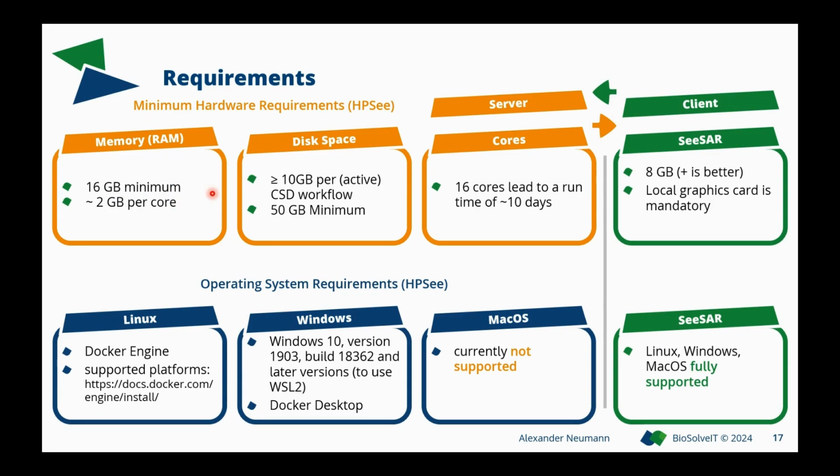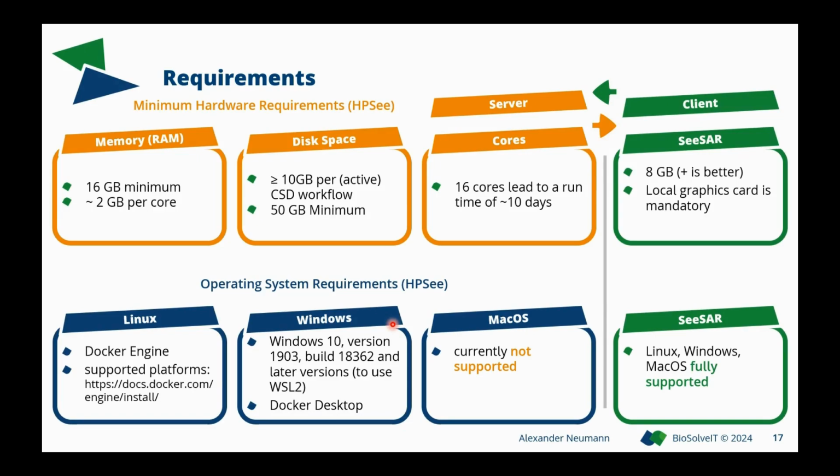For the CPU, the more you have, the faster you get results, obviously. Since you get a lot of poses, you need at least 10 gigabytes per active CSD workflow and a minimum of 50 gigabytes. At some point, you have to work with some millions, but again, this is manageable. And for cores, 16 cores will lead you to around 10 days of calculations.